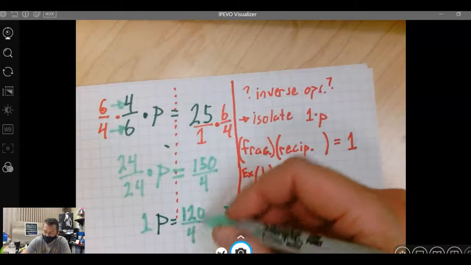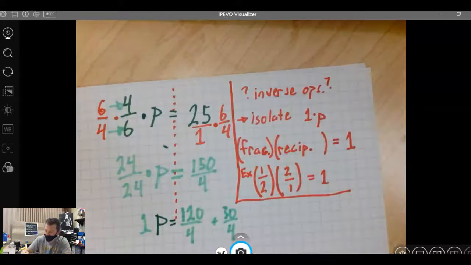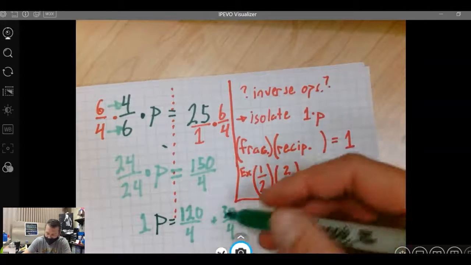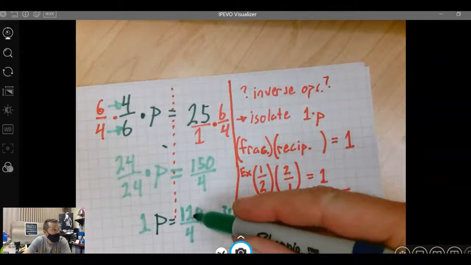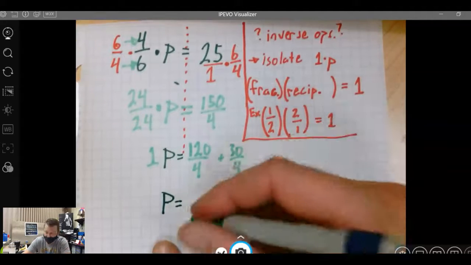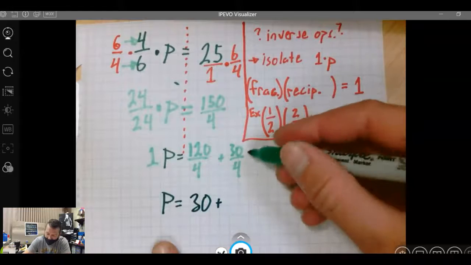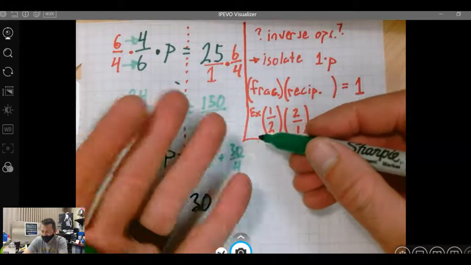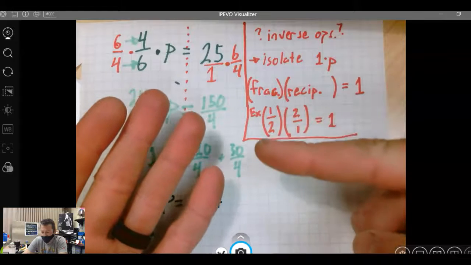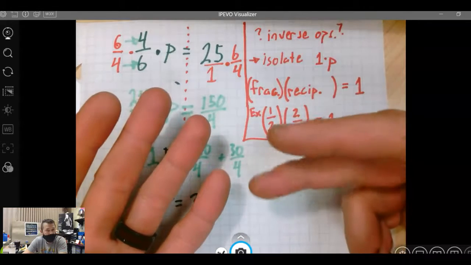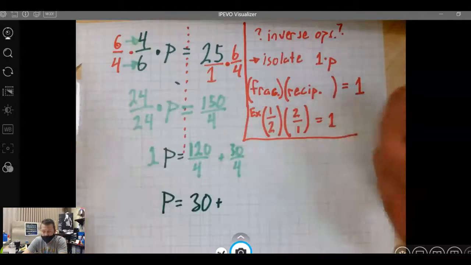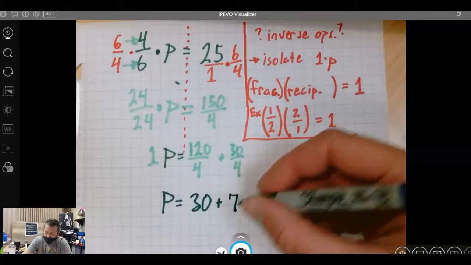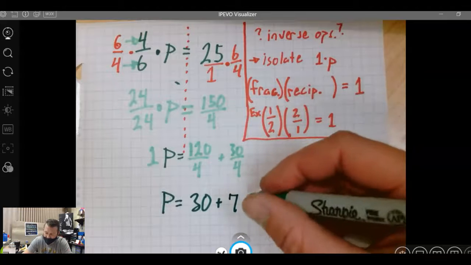Well, what's 12 divided by 4? 12 divided by 4 is 3, so we'd get 30 plus, well, how many 4s are in 30? Well, 4, 8, 16, 20, 28, right? Because 4 times 7 is 28. So 7, and there'd be a remainder of 2.